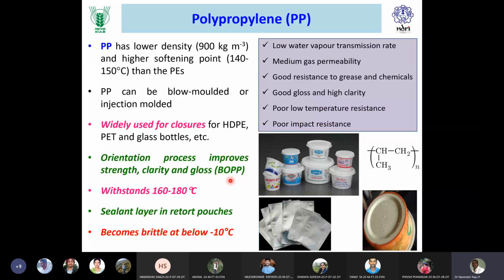Now, this orientation process can be in either one direction or two directions. One direction orientation is called monoaxial orientation, so MOPP. And if the orientation is done in two directions, then it is called biaxially oriented polypropylene.